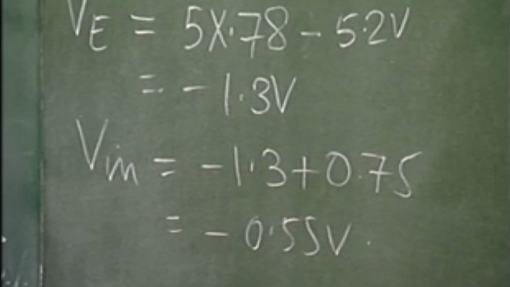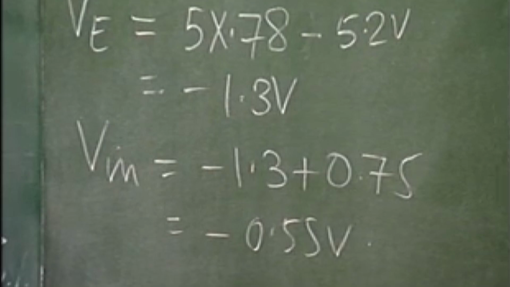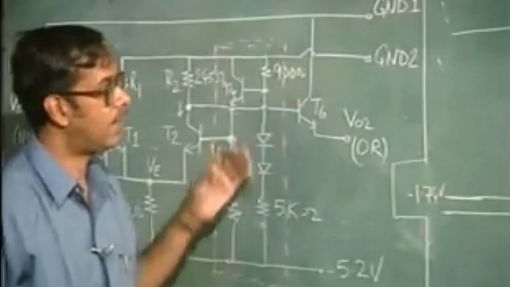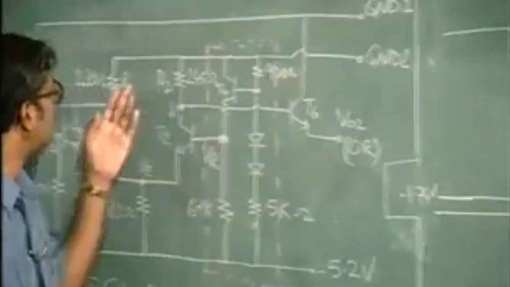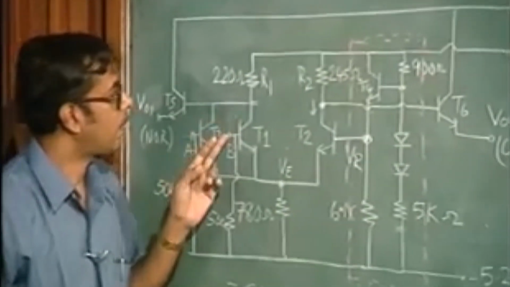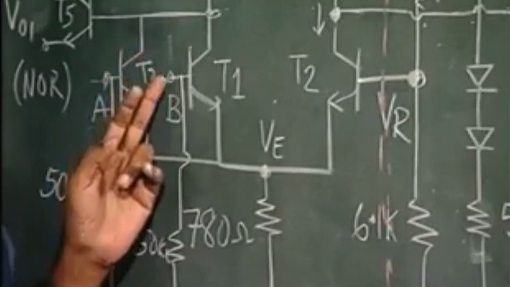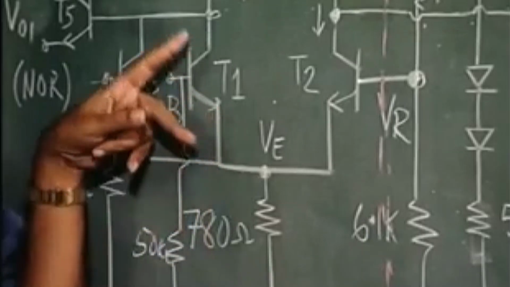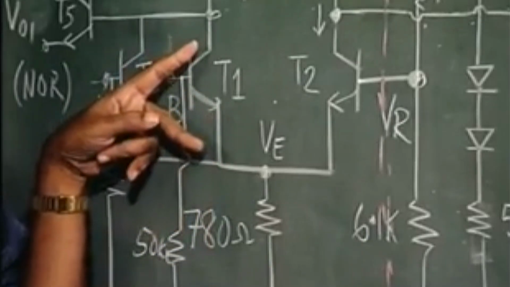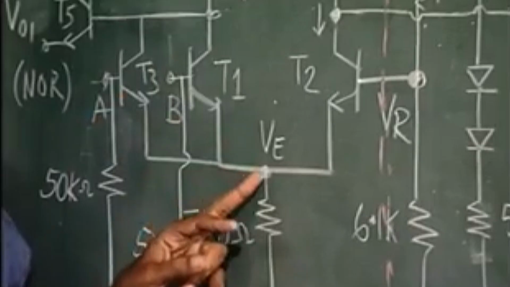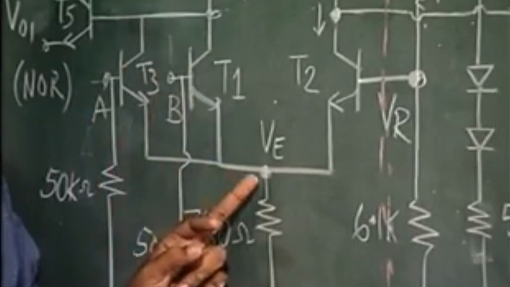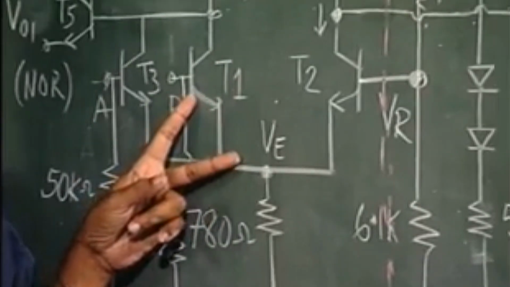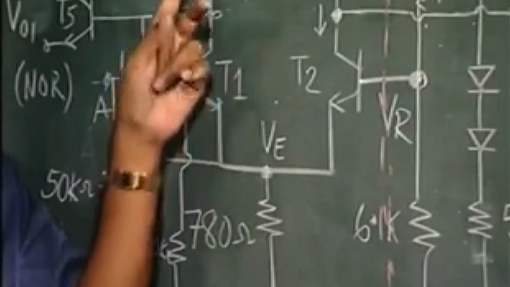Once it goes to saturation, what happens is if you go on increasing the input voltage, the VCE remains fixed, it is not changing anymore. So if you go on increasing this, the emitter voltage goes up because the drop across this is 0.75, which means that the collector voltage also is going to go up.